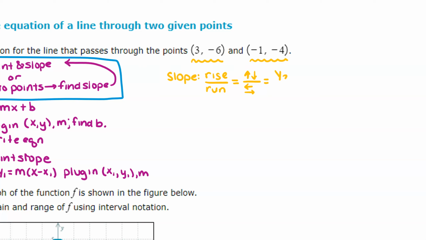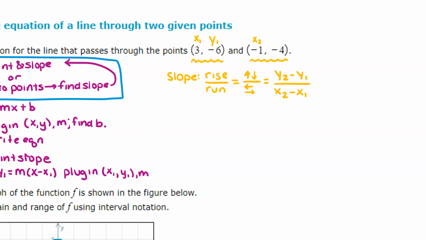So up and down is a y number, and then left and right is an x number. And the one thing to be careful about here is I don't care which one of your x's you label as x1, its partner has to be y1. So the order that you do the subtraction matters.